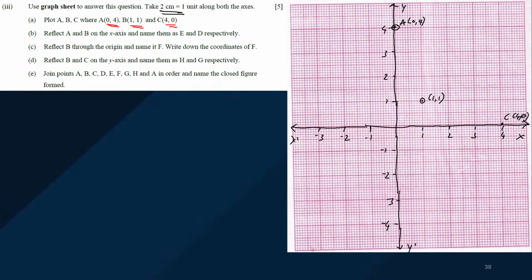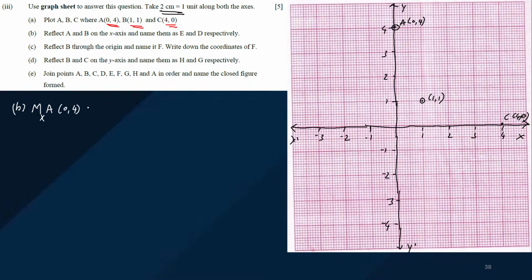So later what I'm supposed to do, reflect the point A on x-axis. Now comes a very important point. Okay, so you have to map the point A on x-axis. What is the coordinate of A? A is nothing but 0 comma 4.